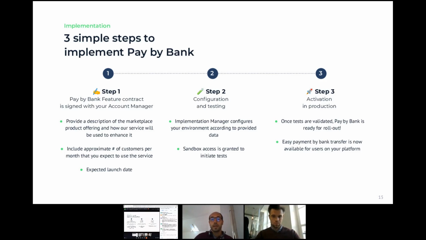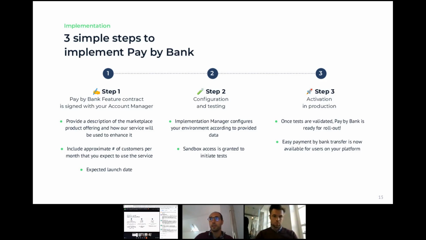And the second step is the configuration with our different departments. So we do some configuration on our side as well as with our provider, Tink. And we will grant you access to the sandbox so you can do your test.